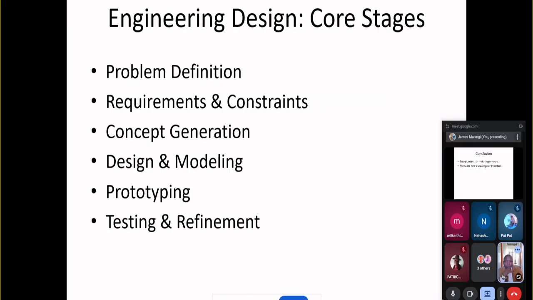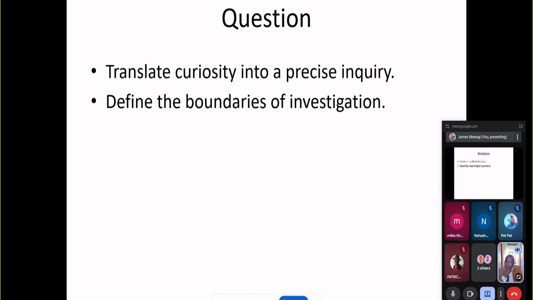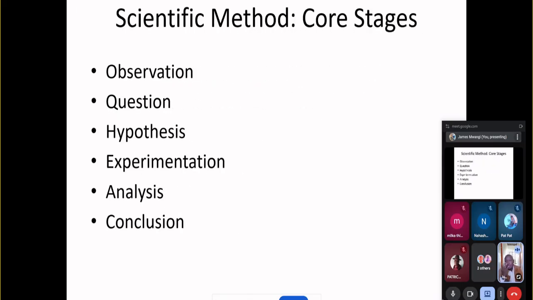So we go back to this list, the core stages of the scientific method, that is observation, the question, then the hypothesis, experimentation, analysis, and conclusion.